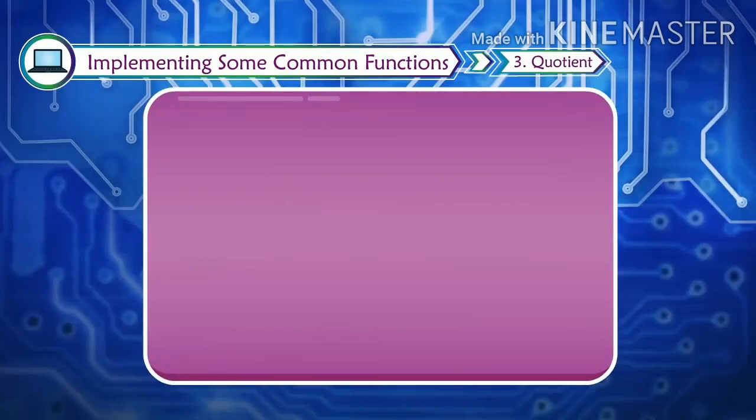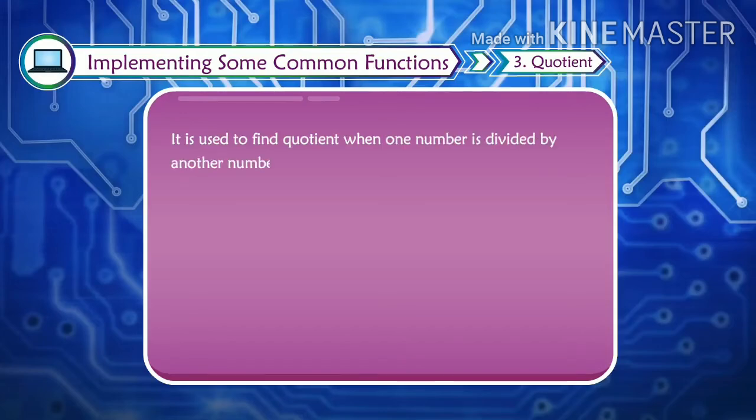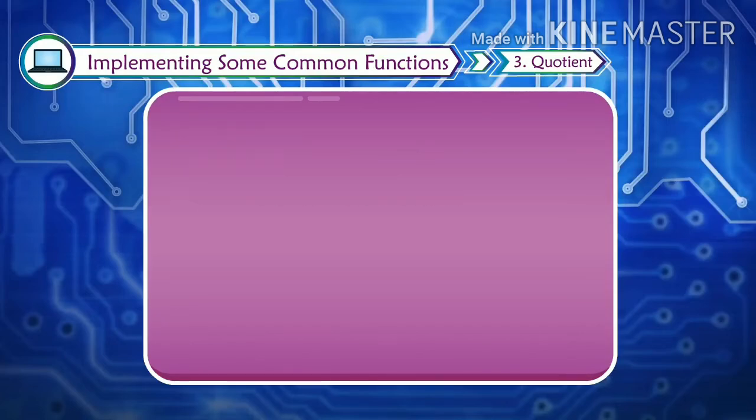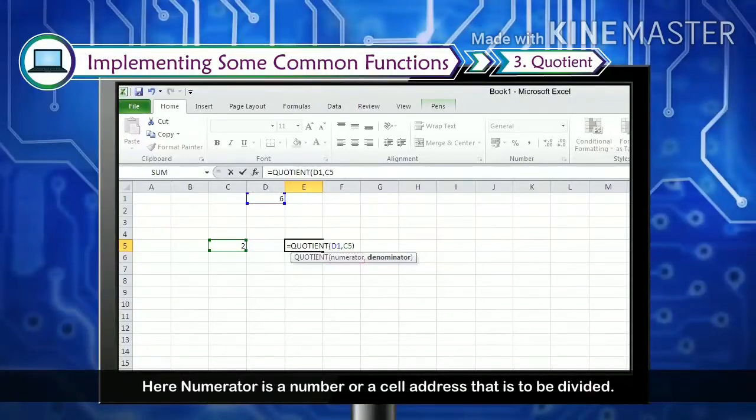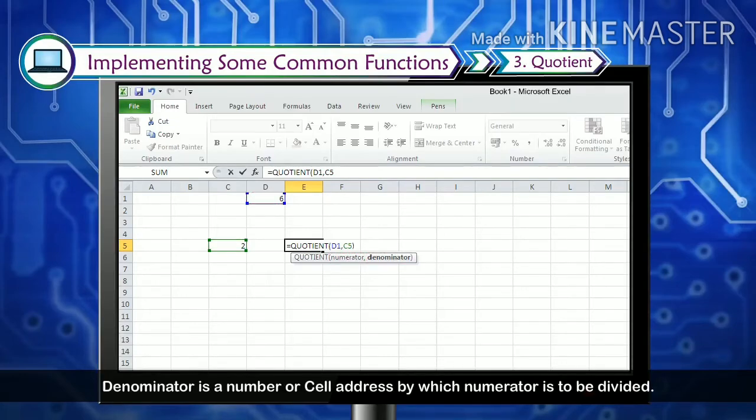3. Quotient. It is used to find the quotient when one number is divided by another number: =QUOTIENT(numerator, denominator). Here numerator is a number or a cell address that is to be divided. Denominator is a number or cell address by which the numerator is to be divided.